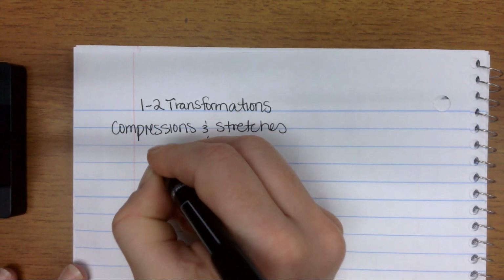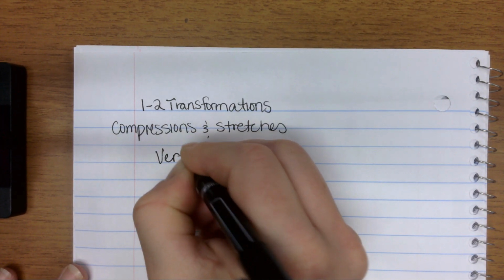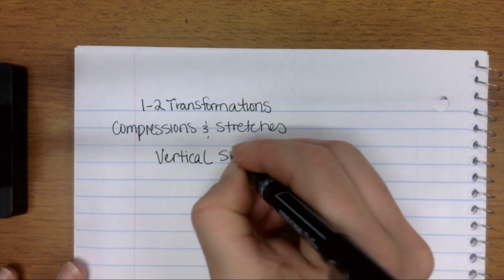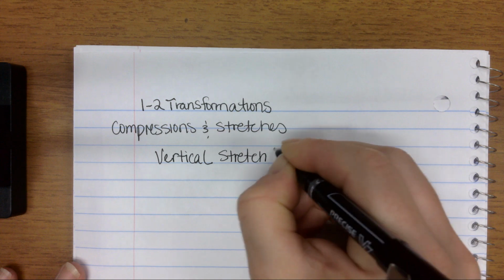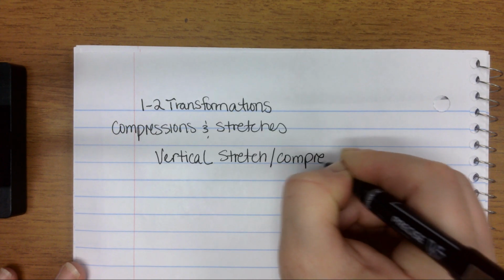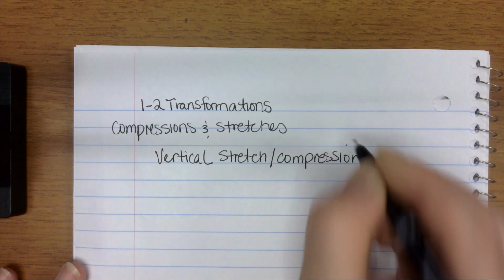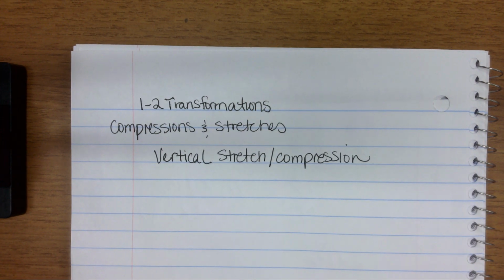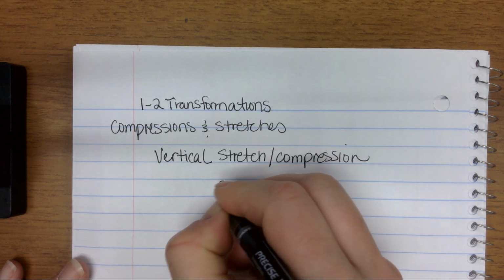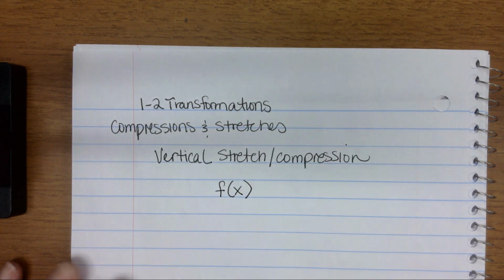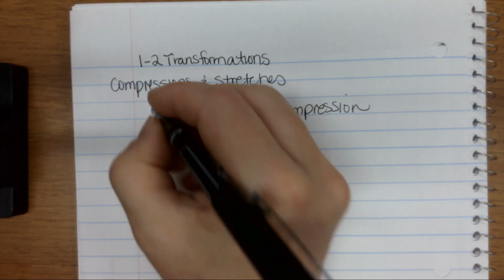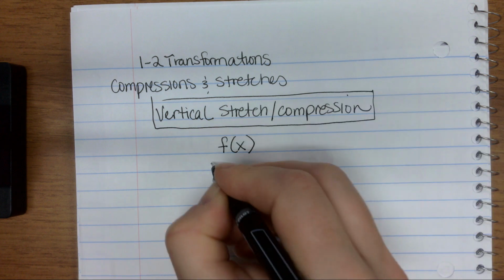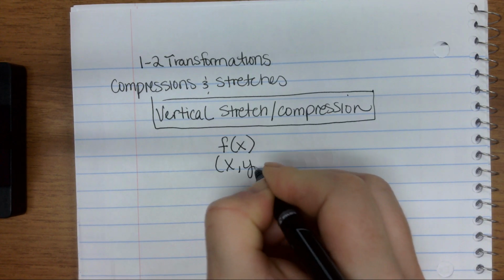So what happens with a vertical stretch or compression is you see it in the same spot always, and what happens is we start with the graph f of x, okay, and it has an ordered pair just like before, an x coordinate and a y coordinate.